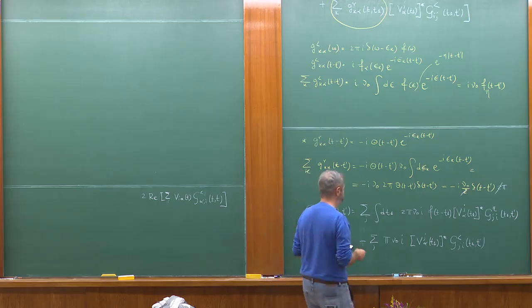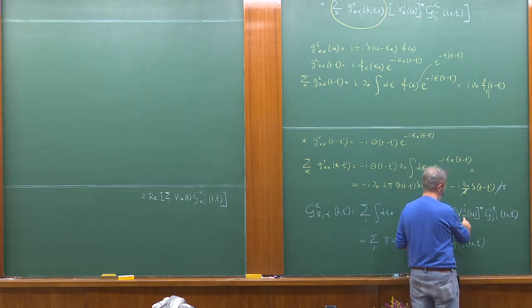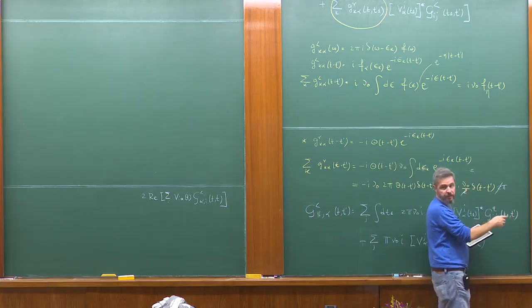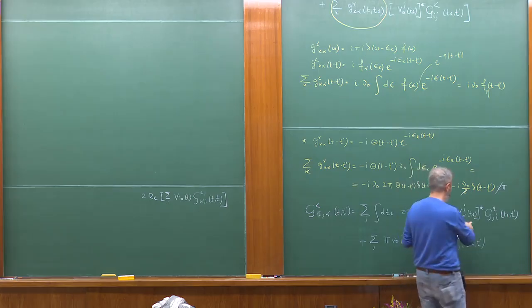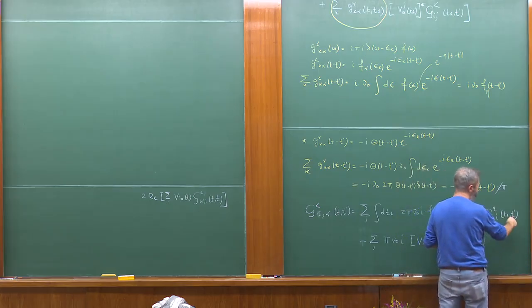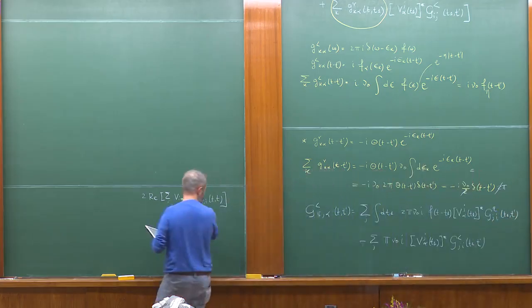There is a VI alpha t, then a Vj alpha t1, and this t prime is going to be equal to t at the end of the day because I'm interested in the green function at equal times. So I'm going to have Vj alpha t1, Gij t1 t, and then Vi alpha t.